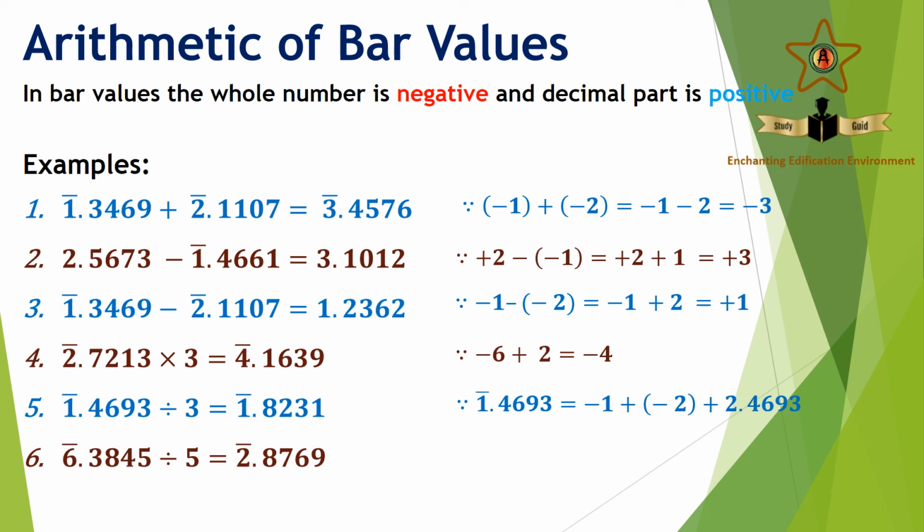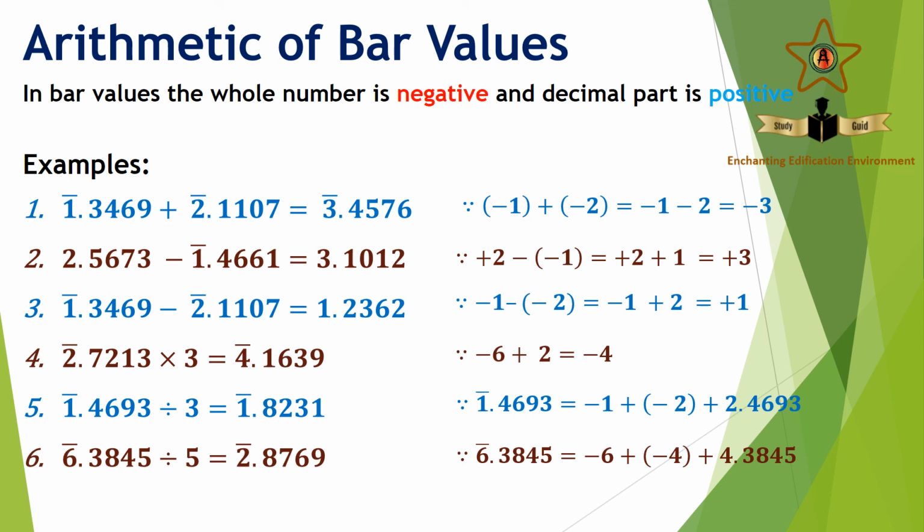Now the next one. Bar 6.3845 divided by 5. Again minus 6 cannot be divided by 5, so we make it minus 10. That is bar 10. So we have to add a minus 4 to balance off. The decimal number becomes 4.3845. So now we divide this by 5.